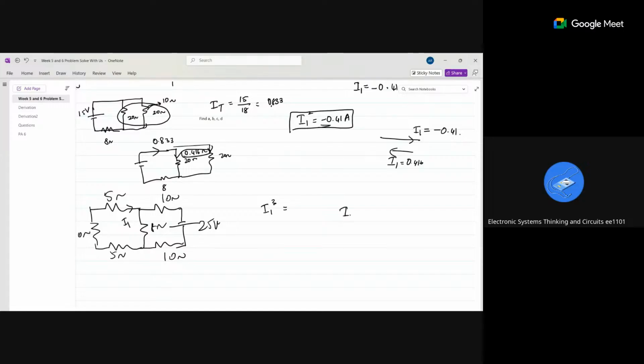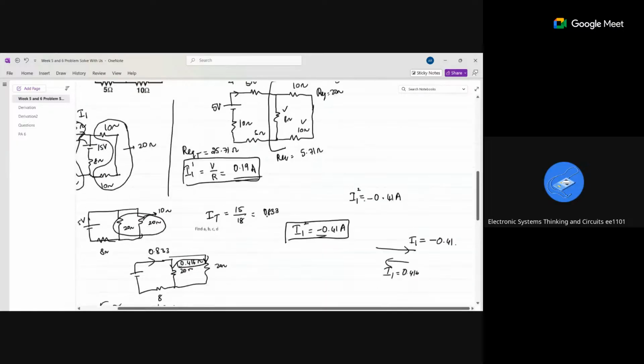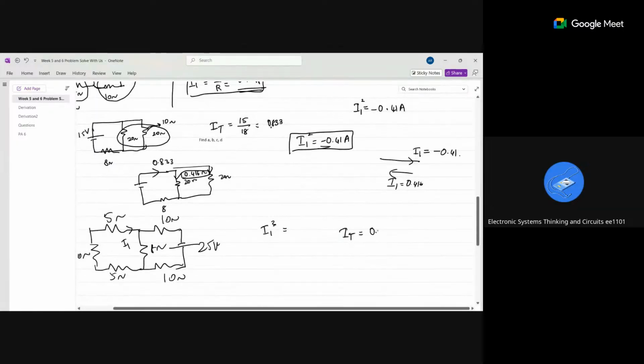So in the final answer, you will write the first current which you found, which is 0.19, then subtract 0.41, plus I13, which you are about to find, so that you get the I total.